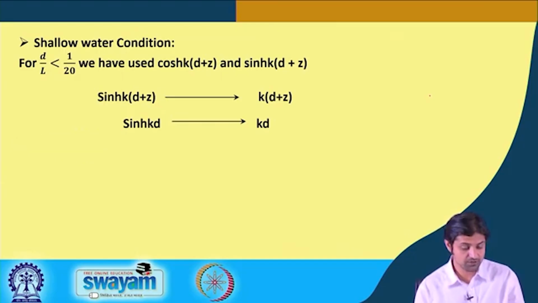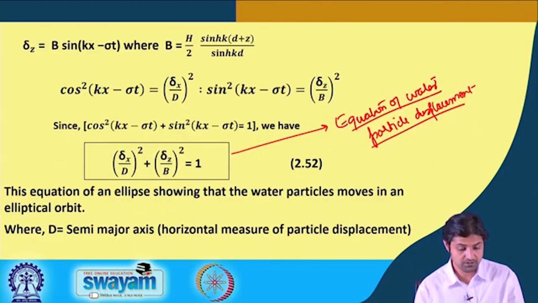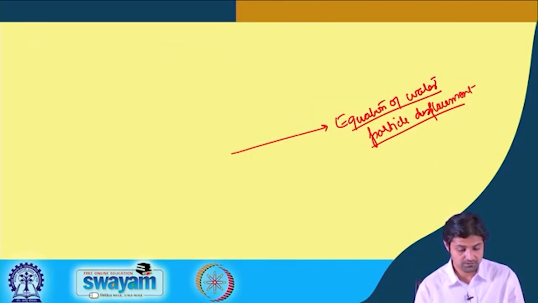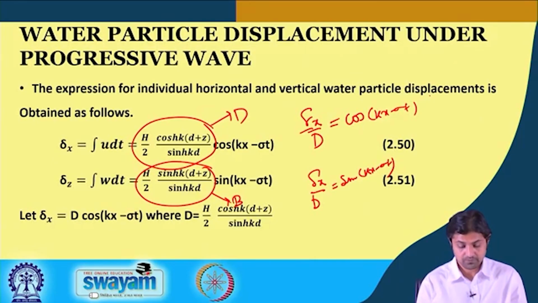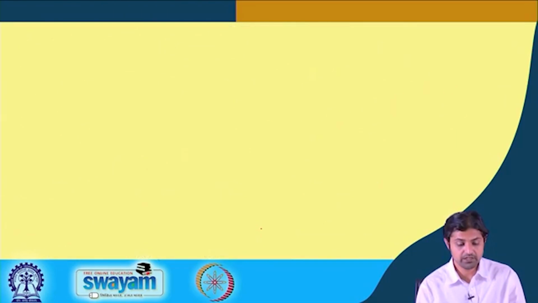As you remember, D was this equation, H by 2 cosh k(d+z) over sinh kd. In shallow water, this becomes k(d+z) divided by kd, alright.